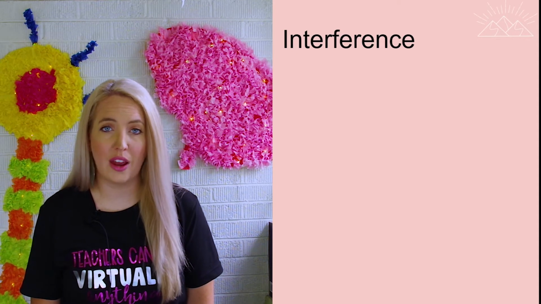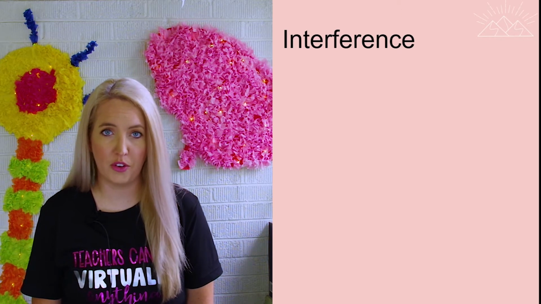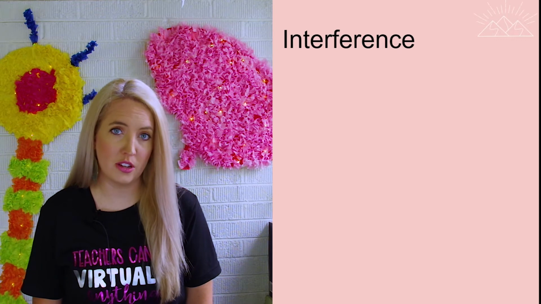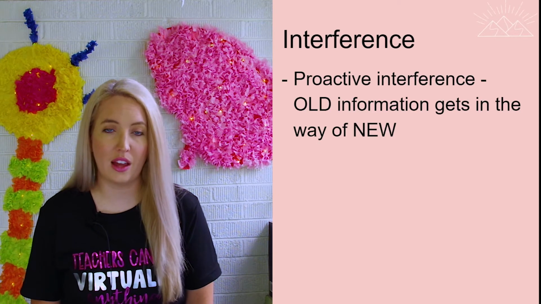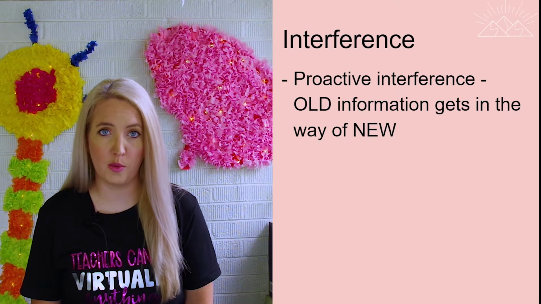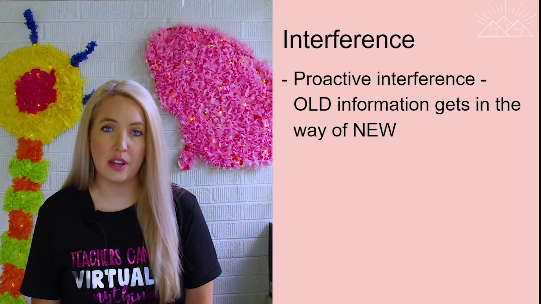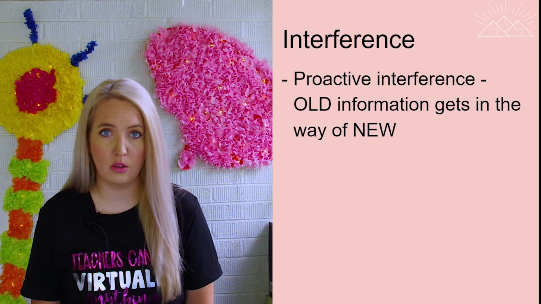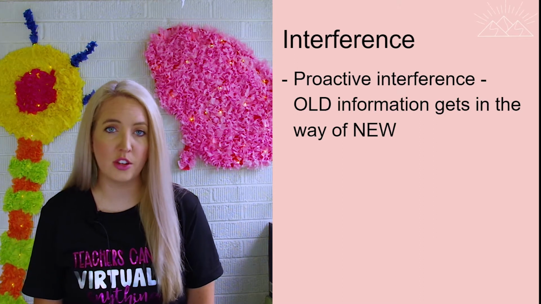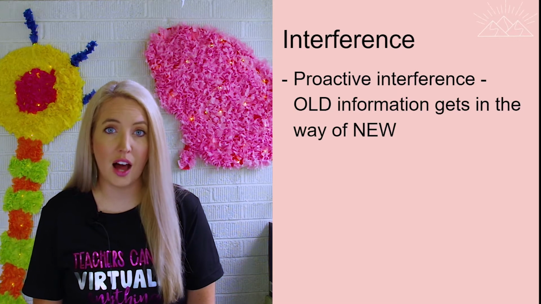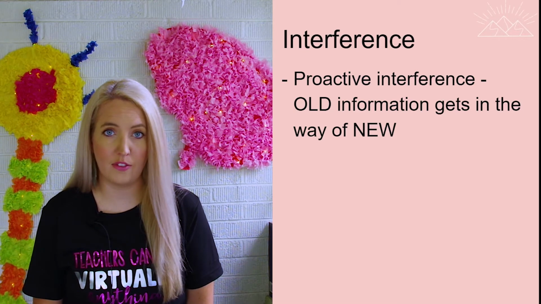One way is known as proactive interference. Proactive interference is when old information that we've learned gets in the way of us remembering new information that is presented. If you think about it, let's say you take 2 classes in a row, and in the first class you learn some really important information. Maybe you're spending a lot of time paying attention to that information.